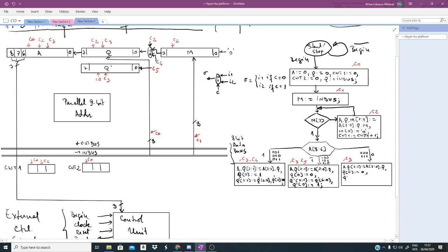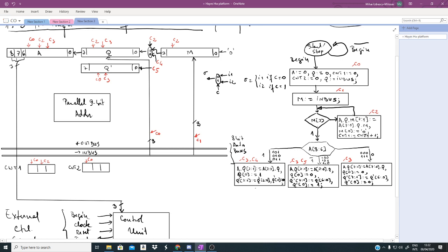In Q prime from 7 to 1 I'll put what was before in Q prime from 6 to 0, and in Q prime of 0 I put 0. So no need to activate C4 or C5 because it's 0, 0. They should be inactive here.